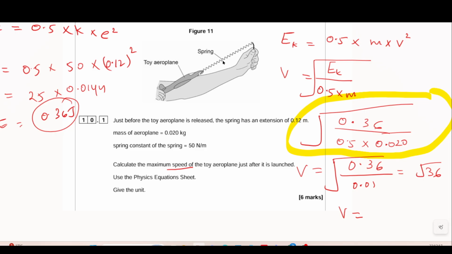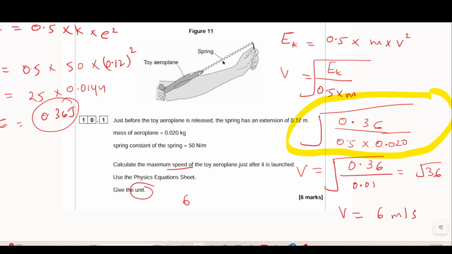So 0.36 divided by 0.5 times 0.020 equals 6. Yes, so the answer is 6 and it is speed.